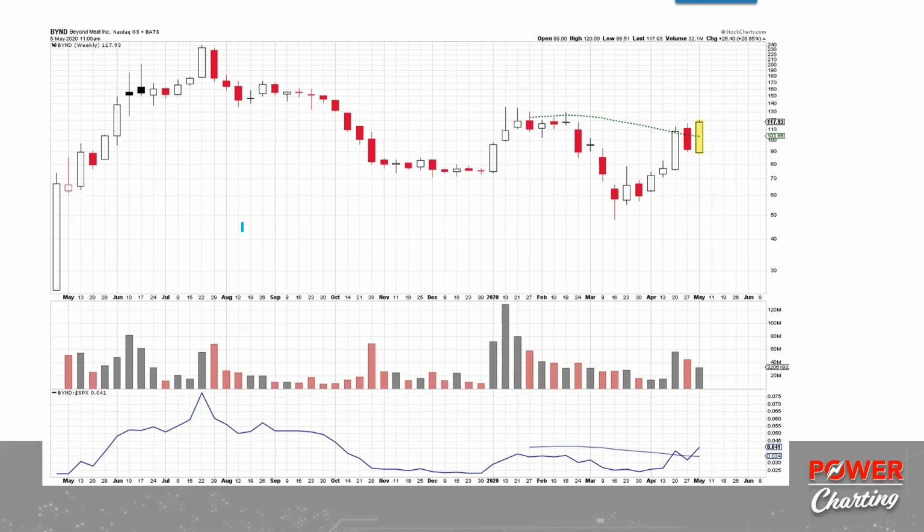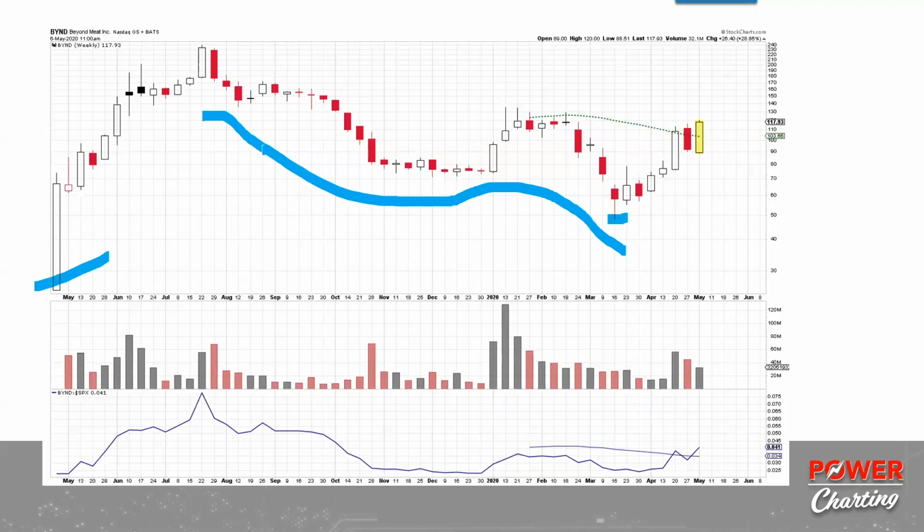I like to use the term IPO disease, and I believe that this is what we have here with Beyond Meat. It went up to this 240 area and all the way back down to 50. Ouch. Big decline.